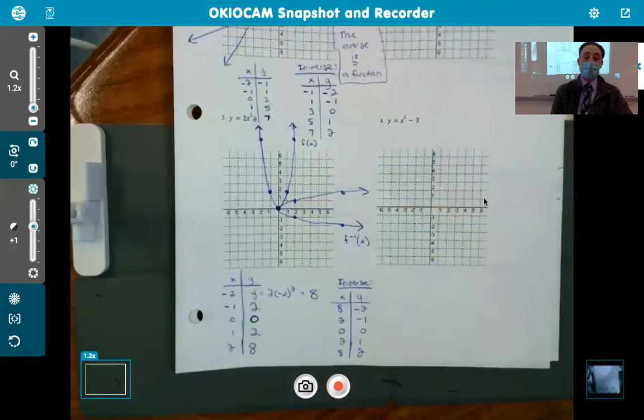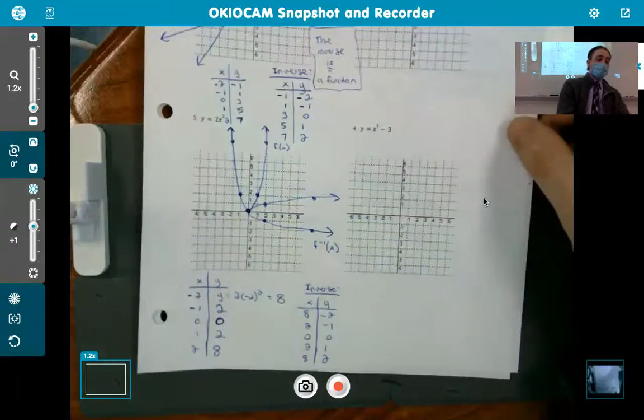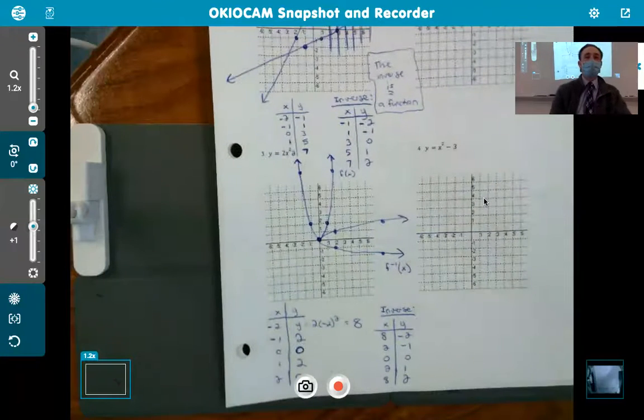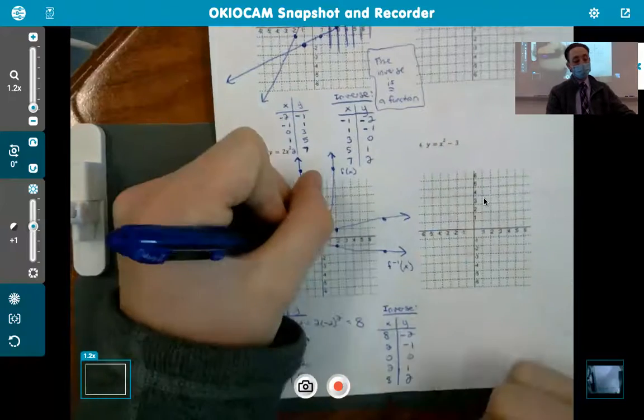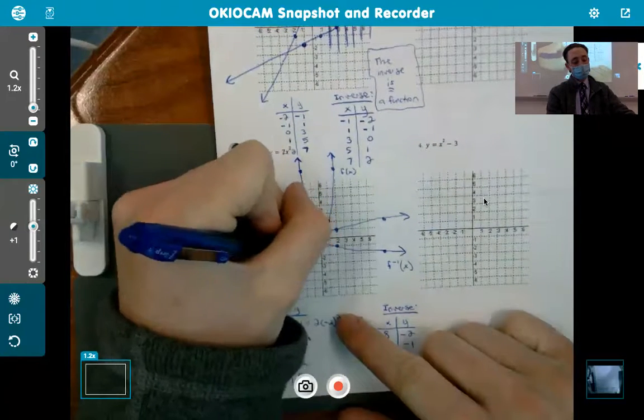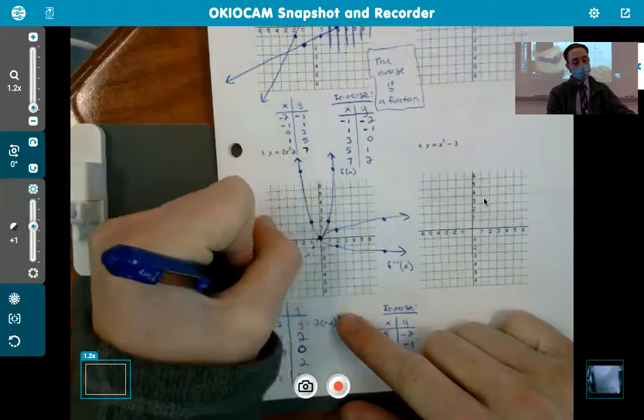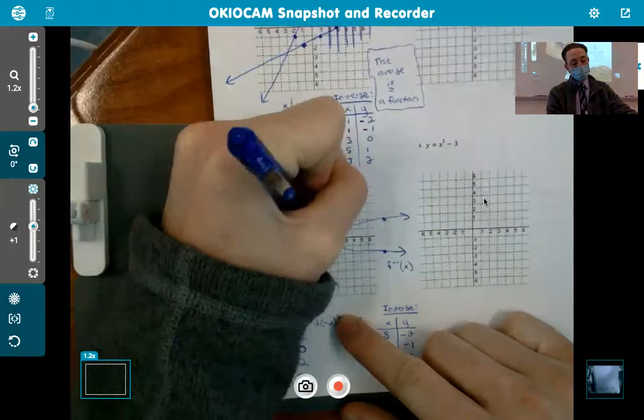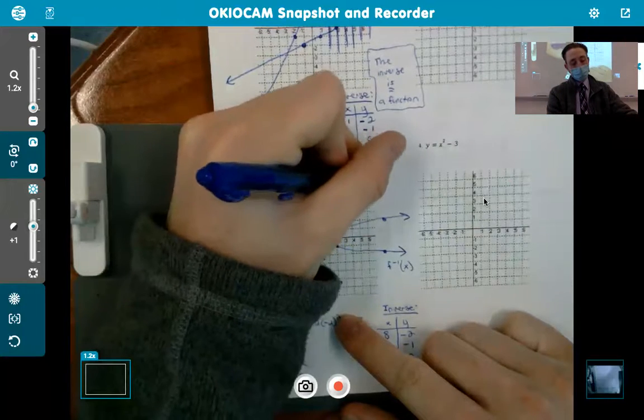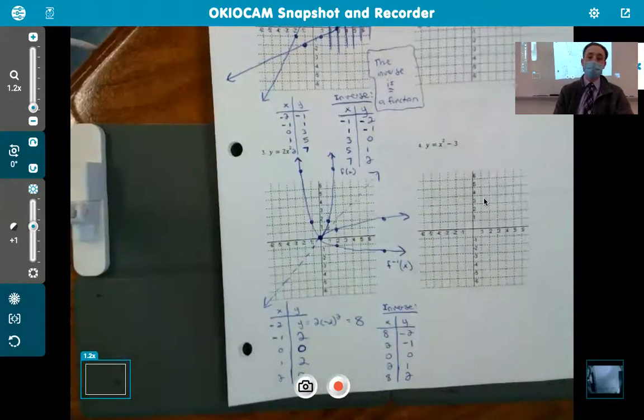Any questions about how I graph that? What kind of symmetry does a function and its inverse have? Remember I drew this diagonal line here? We talked about this not only on Tuesday, but we talked about it yesterday as well, right?